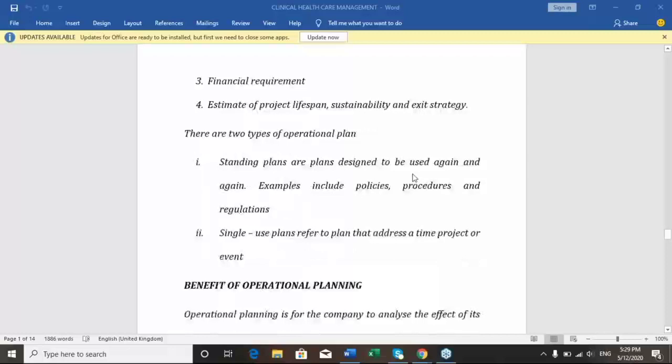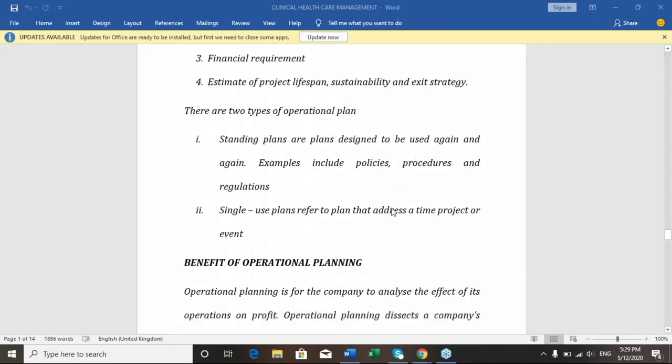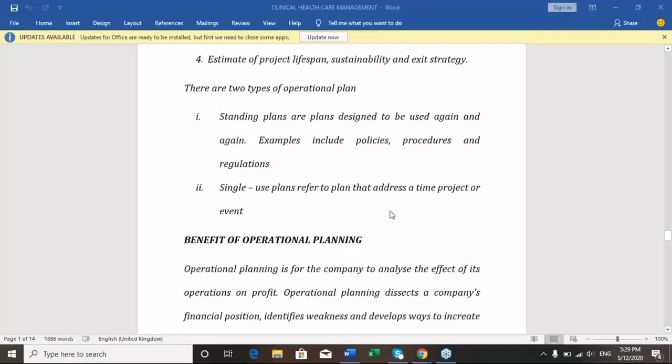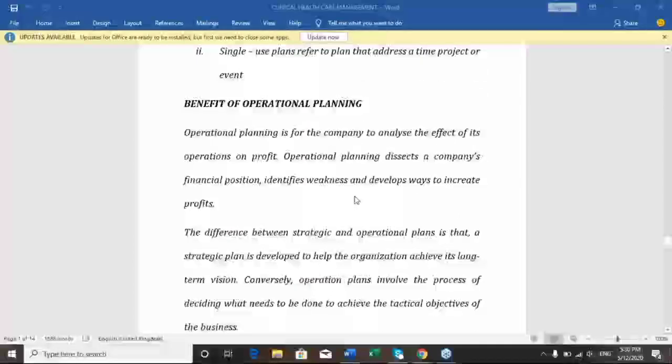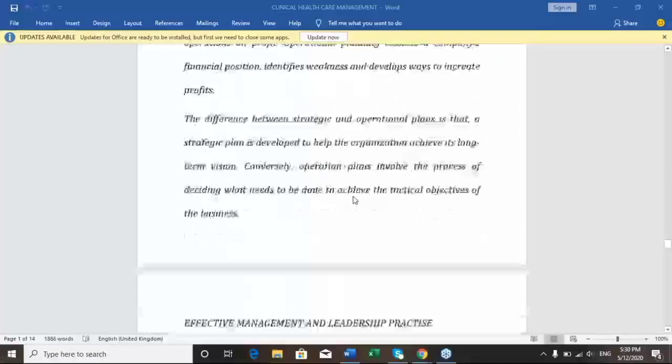We also talk about two types of operational plan, that is standing plan and the single use plan. The single use plan is referred to address a one time project or event. So we also talk about benefit of operational planning. What are the benefits?